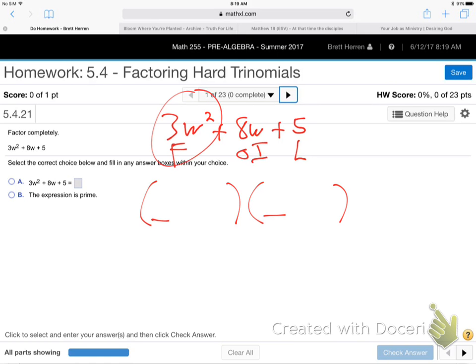What times what makes 3w squared? Yeah, 3w and then just a regular w. You with me? Invisible 1. Good so far? 3w times w makes 3w squared. Front times front makes front.